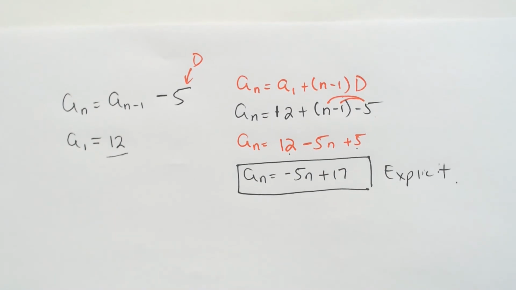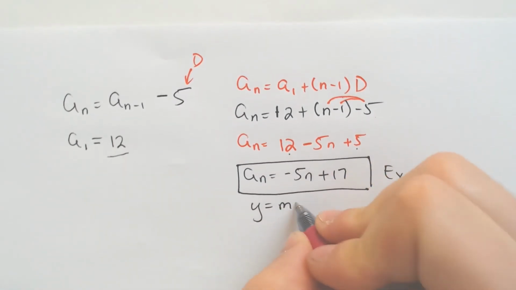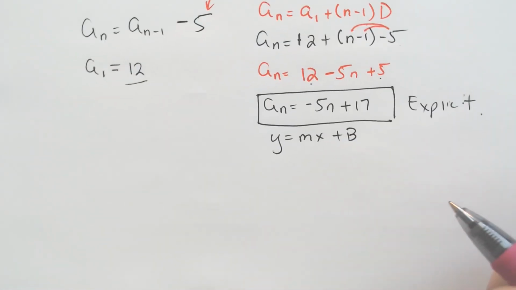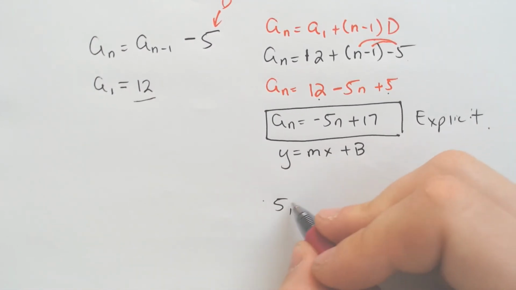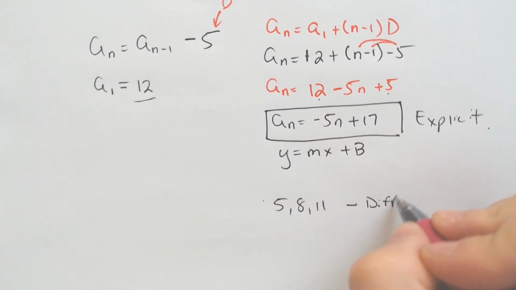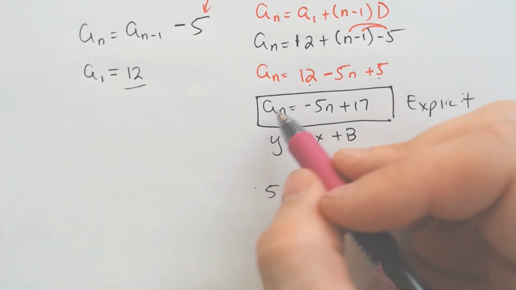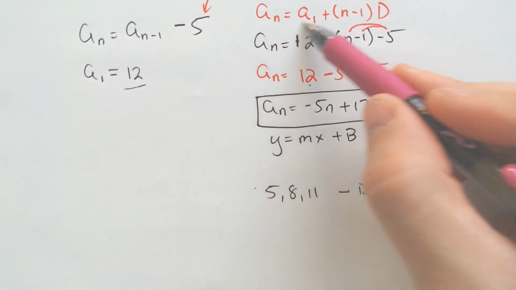Okay, so that's the majority. I do have a final secret for you for writing the explicit formula. Remember how I said this is a line, y equals mx plus b? All right, so this is a bonus problem. Let's say you had the numbers 5, 8, 11. Our difference would be 3, right? Okay. I can write my a_n formula right off the bat without even using this guy.